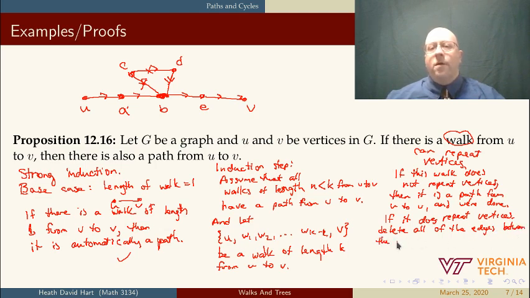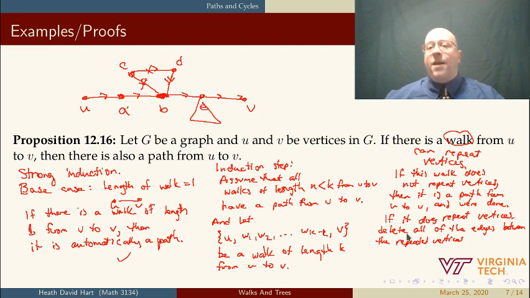Between the repeated vertices. Now that may or may not be a path now, because deleting one set of edges might still leave another set of repeated vertices further down.